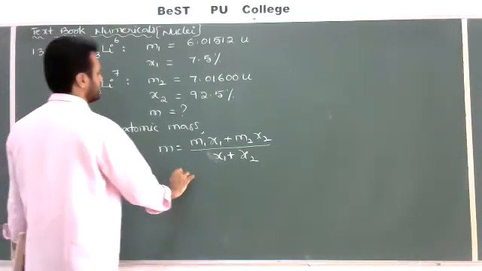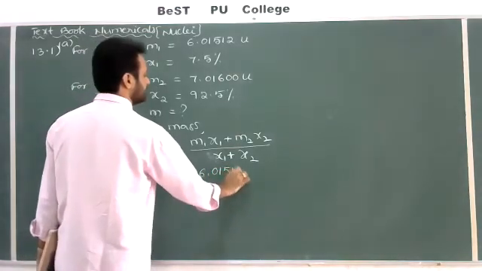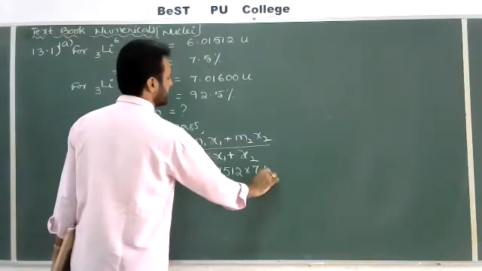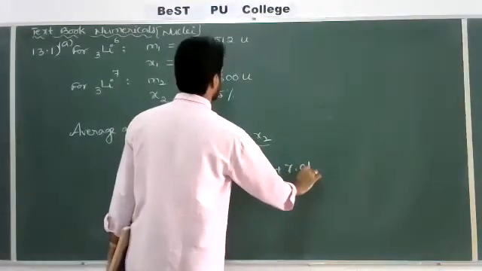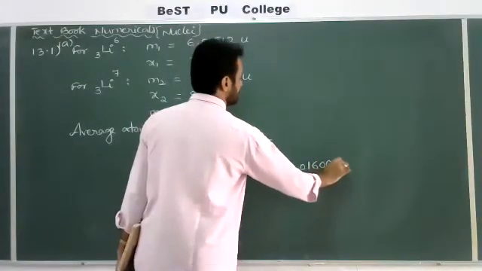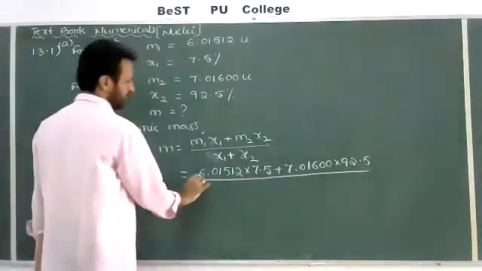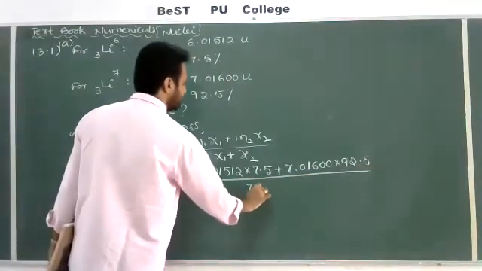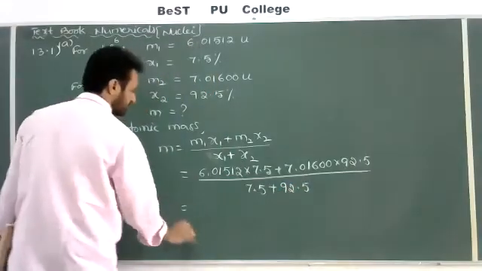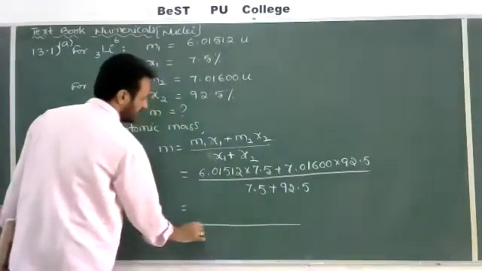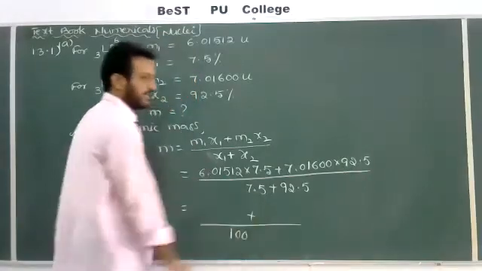So M1 is 6.01512 into x1 equal to 7.5, plus M2 value 7.01600 into 92.5, divided by 7.5 plus 92.5. Here the total denominator must be 100%.